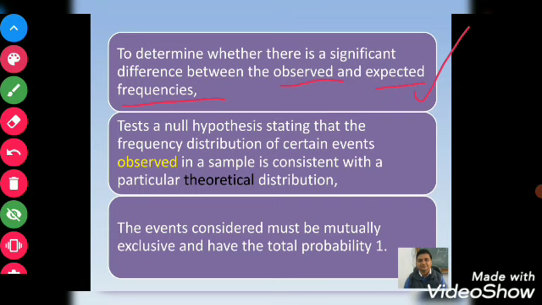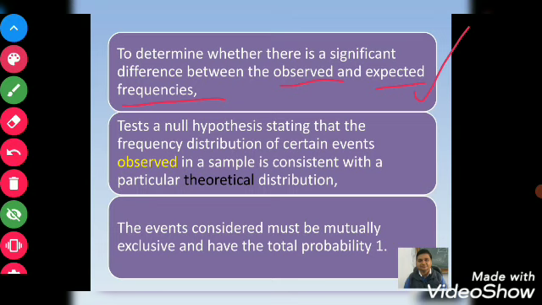But you observed 40 male and 60 female. So now you have to test whether this deviation is significant or not. That will be tested by the chi-square test.